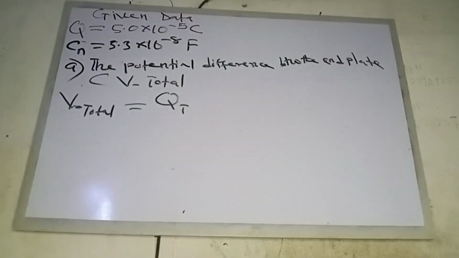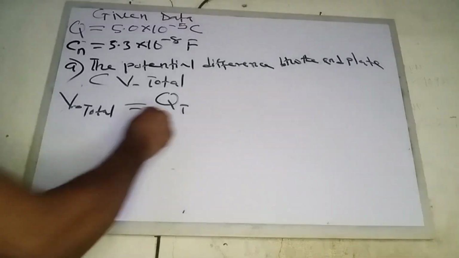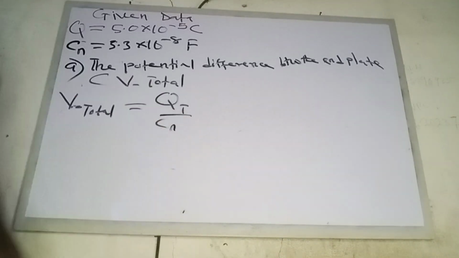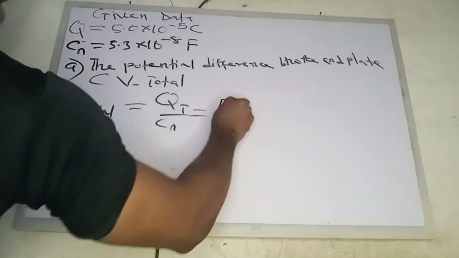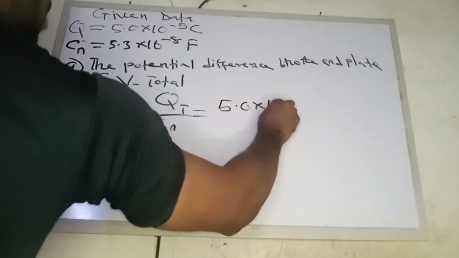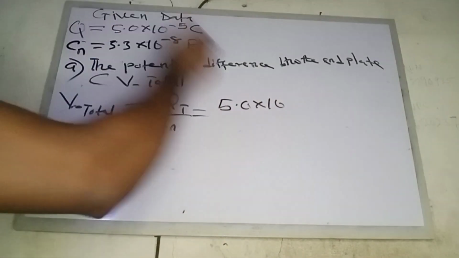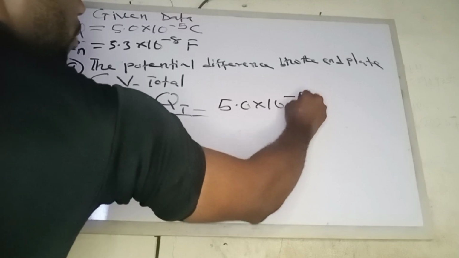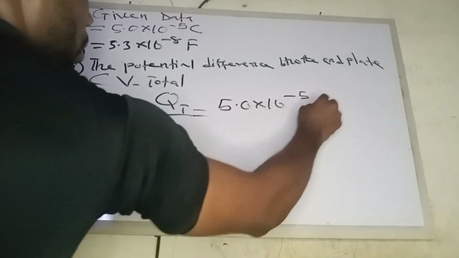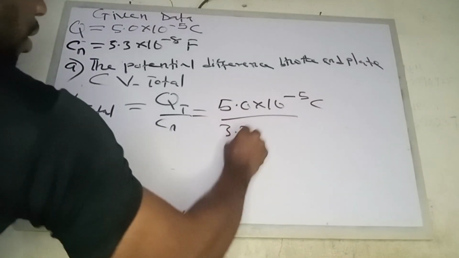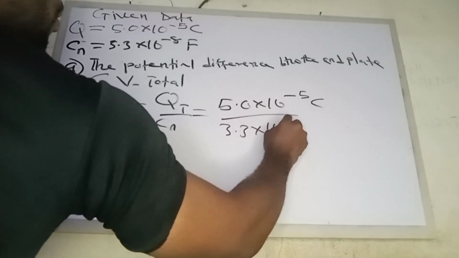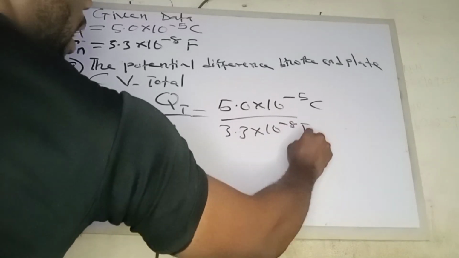So divided by our C, we now have that our total charge is equal to 5.0 times 10 raised to the power of minus 5 coulomb over 3.3 times 10 raised to the power of minus 8 farad.